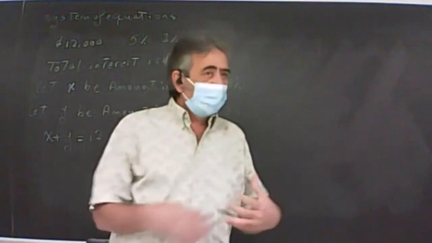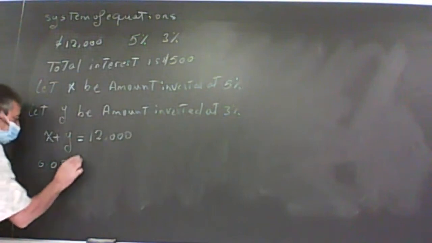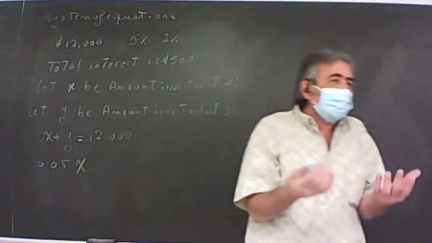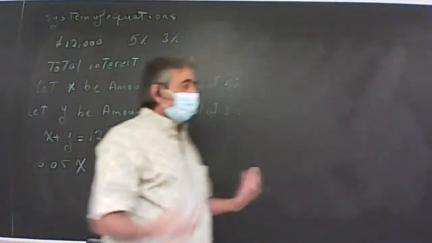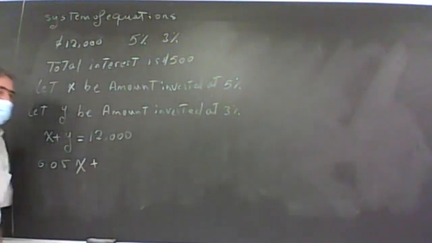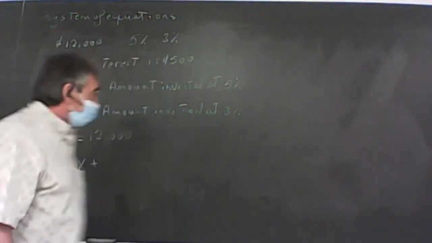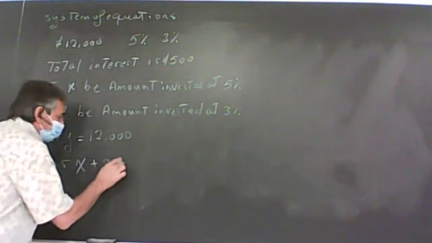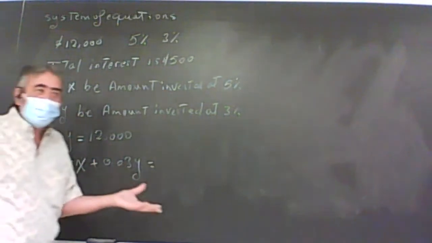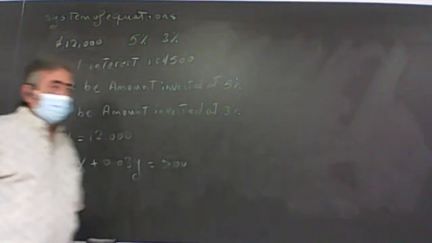How do I write that? 0.05x, because whatever amount I invested at 5% gives me that much interest at the end of the year. Plus the interest I get from y: 3%, so that means 0.03y. Both of these interests at the end of the year must be $500.